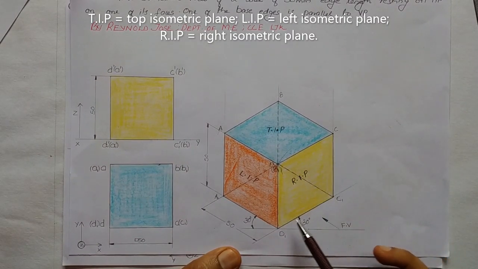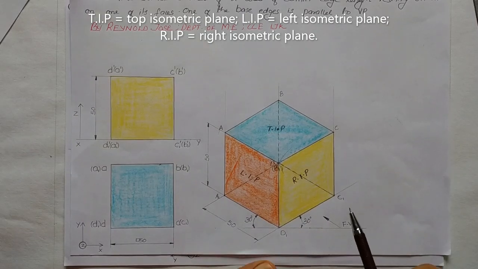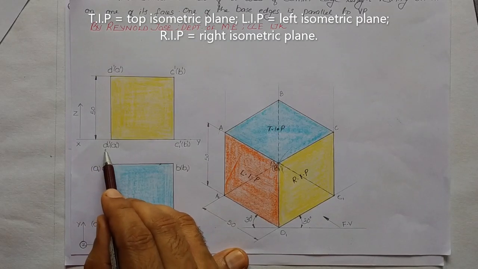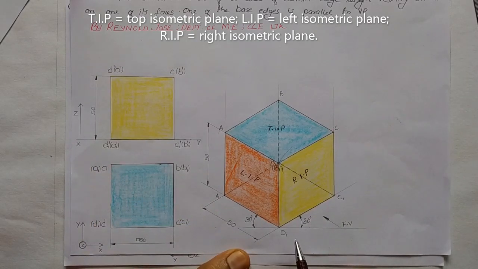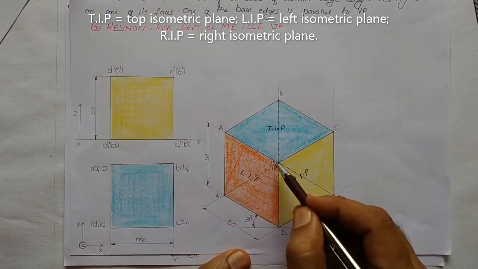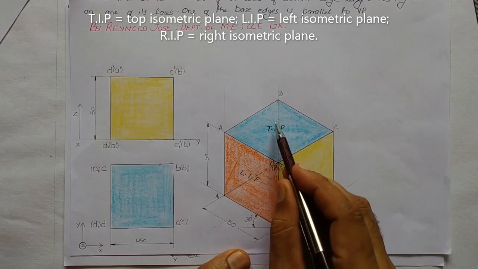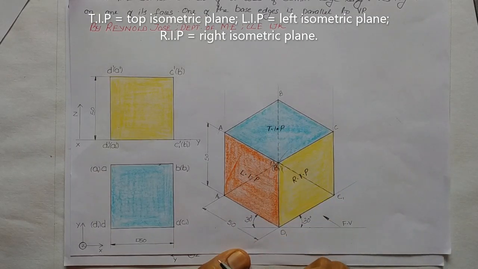This came on the right isometric plane only because we have taken the origin as point d1. I hope you remember we started with d1 as the origin. That is the reason why this front face came on the right isometric plane. So this is the left isometric plane and this is the top isometric plane.